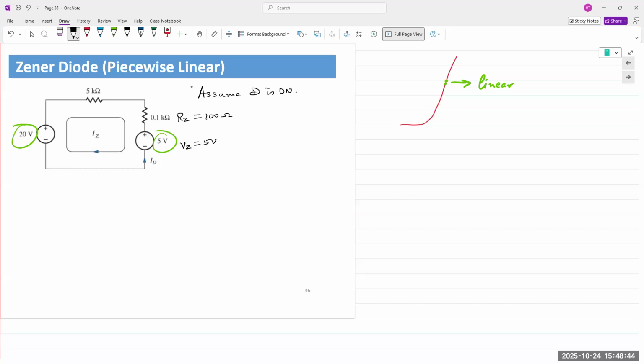So we solve for IZ. We assume that the diode is on. IZ or ID, same thing, no difference. We solve for that and note whether it's greater than 0 or less than 0.